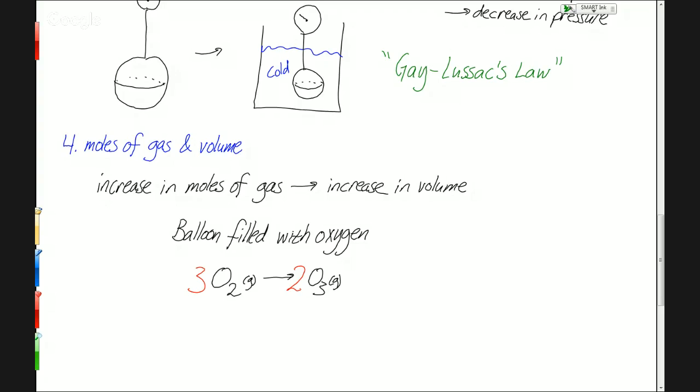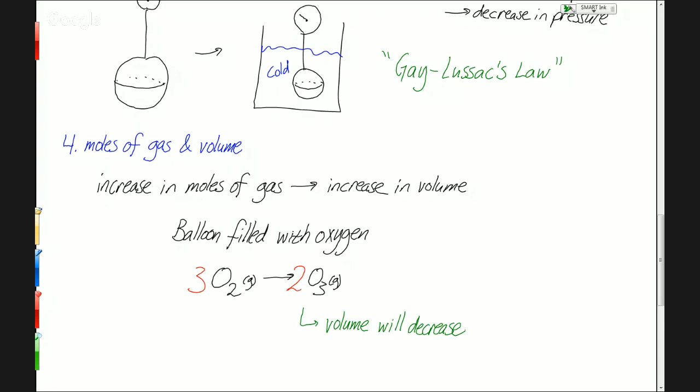Yeah, it goes down. So if we started with 3 moles of oxygen and we did this reaction, we'd only end with 2 moles. If we started with 1 mole, we only end up with 2/3 of a mole. So we're decreasing the number of moles of gas, which means the volume will decrease.